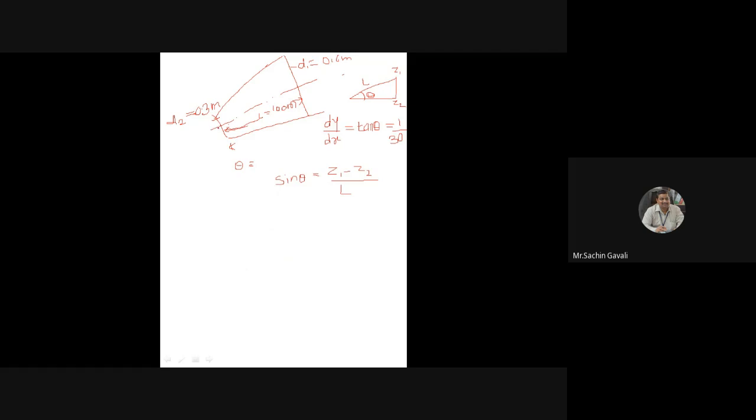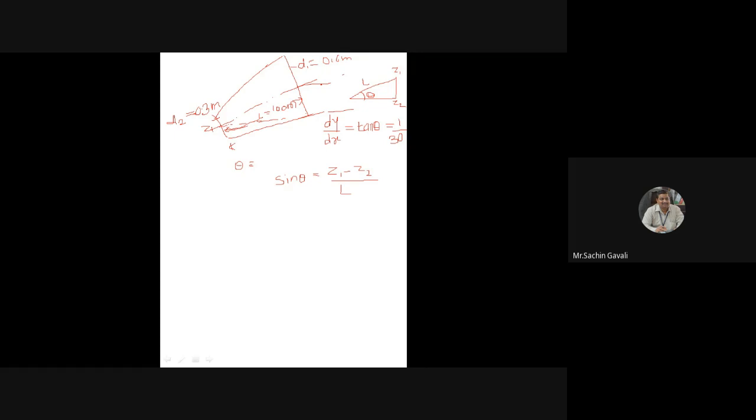This will be Z1, at this center level, and this is Z2. Shubham Gandole, 1.90 is theta, or what?